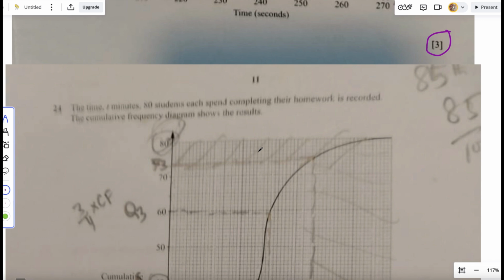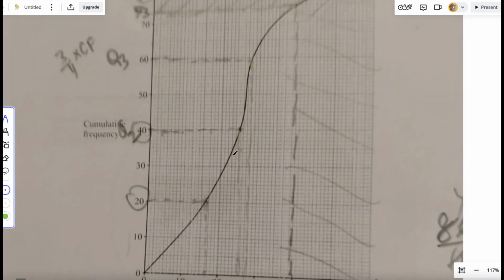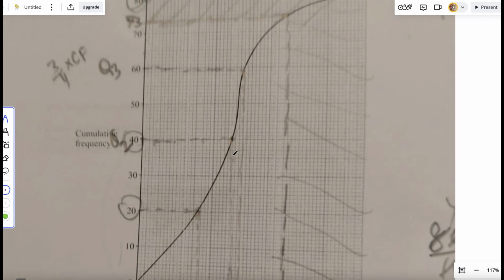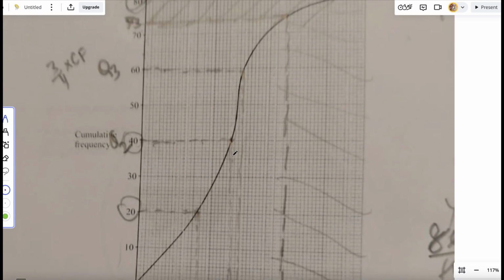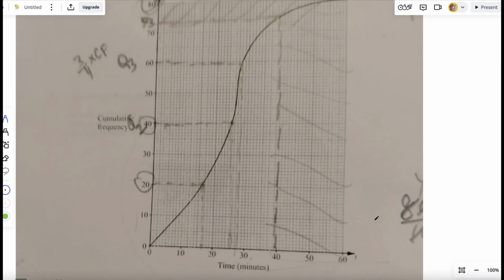Okay, 80 students use this time to complete their homework, and their cumulative frequency is recorded. Now here is the cumulative frequency. Okay, we might reduce the size so we can see the graph one time. Okay, so this is the graph.